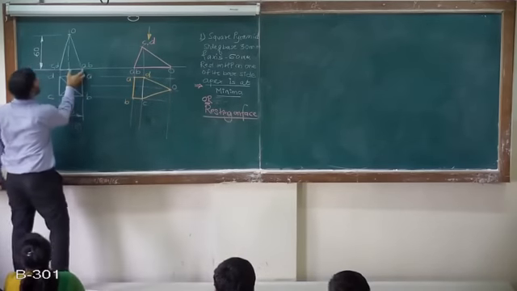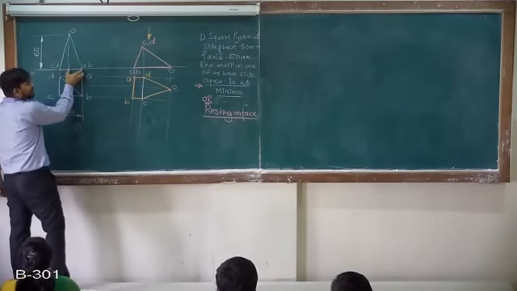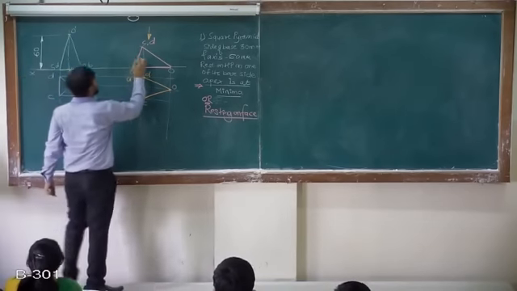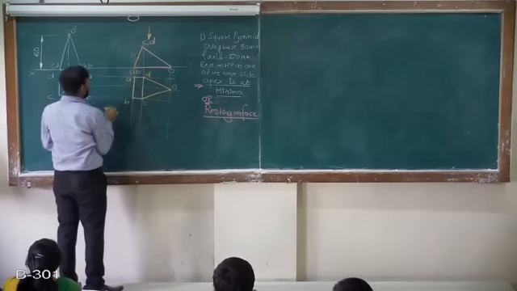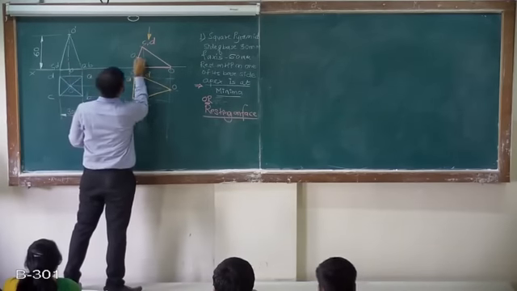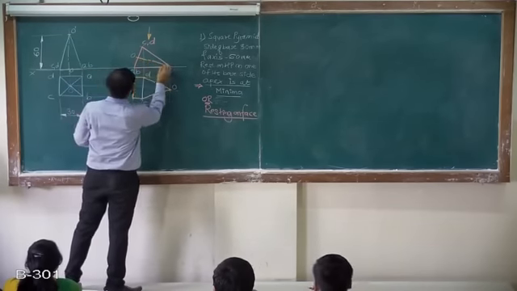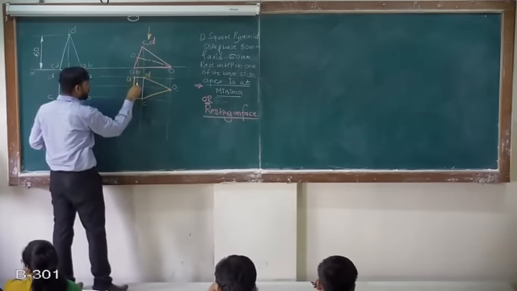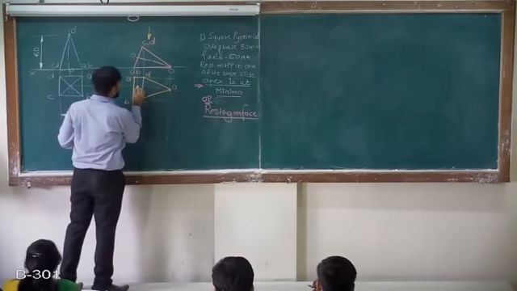Locate the axis. Take AB to this distance. Let's say this is O dash or O. Take this distance, mark here and draw the axis. Projections of this axis you can take in the top view also.